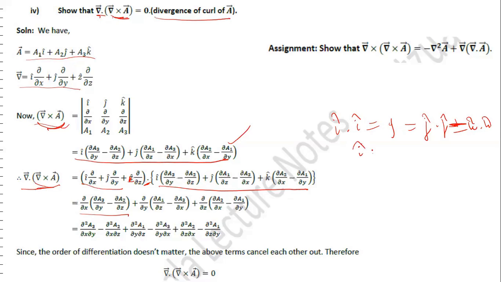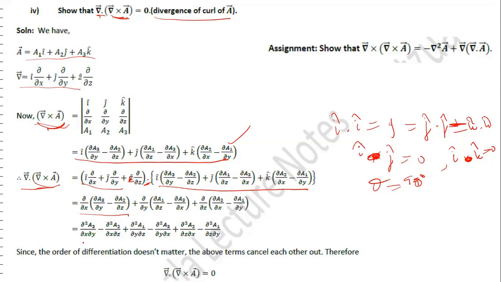However, dot product i dot j is 0, and i dot k is 0. Because they are orthogonal vectors, i, j, and k, pointing along the x axis, y axis, and z axis. The angle between them is 90 degrees, right? So because of that, their dot product is 0. Because cos 90 is 0. We know that.